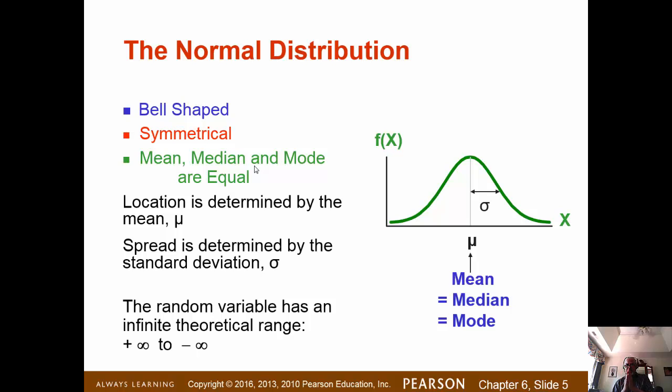And this is extremely important. In a continuous probability distribution, a specific value will have an area of 0, and therefore the probability is 0. We can only have positive probability for a range of values.